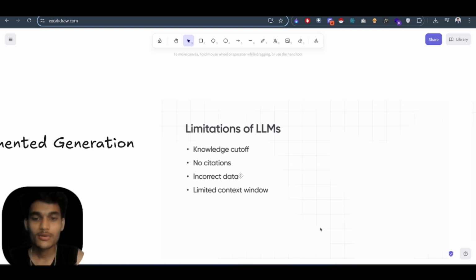Second, no citation. Third, incorrect data. Sometimes an LLM has incorrect data: if it is trained on a wrong dataset, then it will produce incorrect data. And the fourth one is the limited context window.